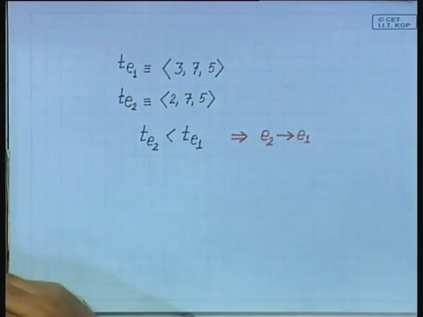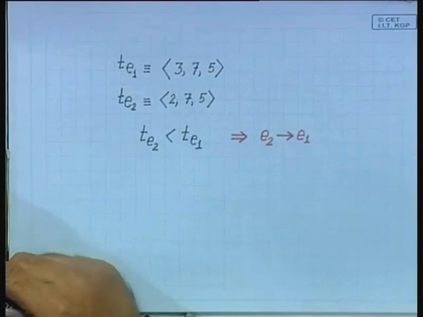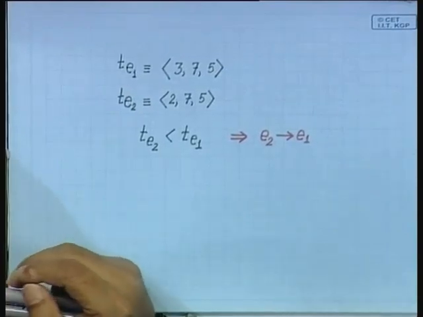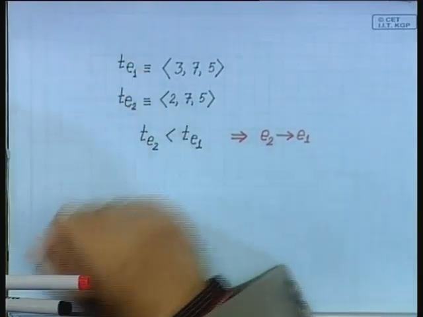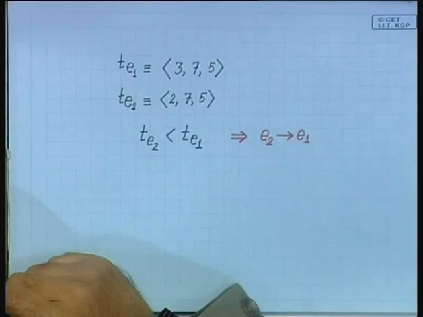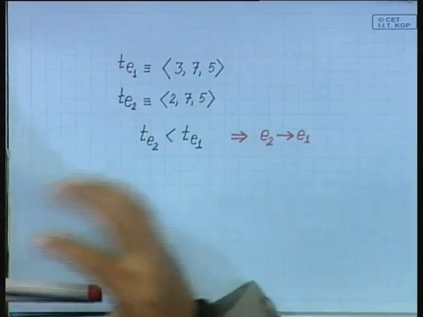Now how do we know that? The rest are equal, but how do you know that there is a causal order between these two? Yeah, but it was less in Lamport's clock also.